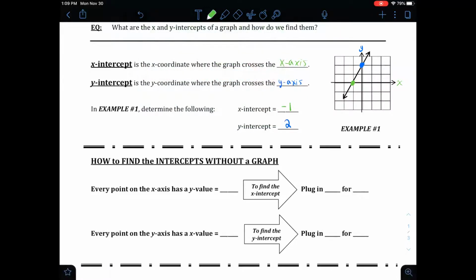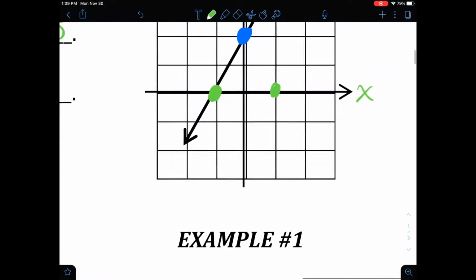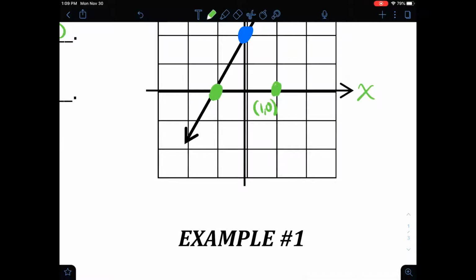So this is a little interesting. What are the coordinates of the y value when you are looking for an x-intercept? Well, the coordinates of this point up here is 1, 0, right? What's the coordinates of this point right here? 3, 0. What's the coordinates of this point over here? -3, 0.